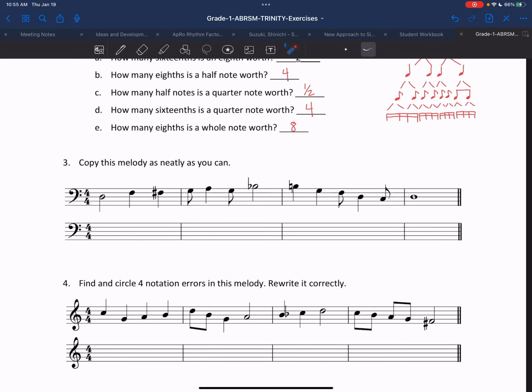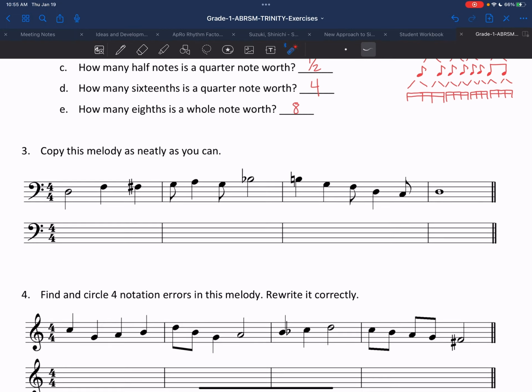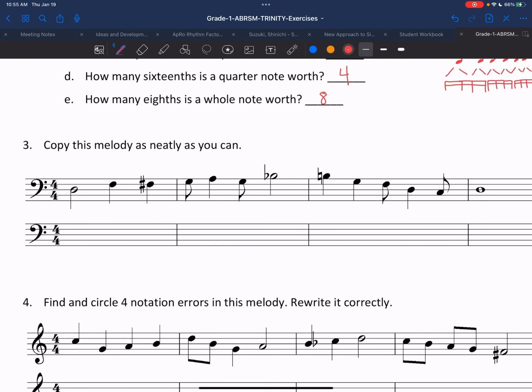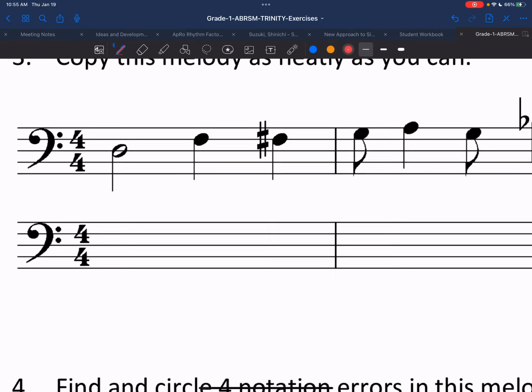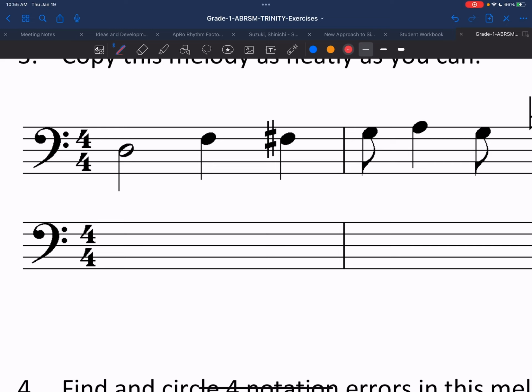The next one says, copy this melody as neatly as you can. When writing music, you need to make sure that everything is as precise as possible. So when I draw my half note, I would make sure that my half note is lined up in the center as best as I can.